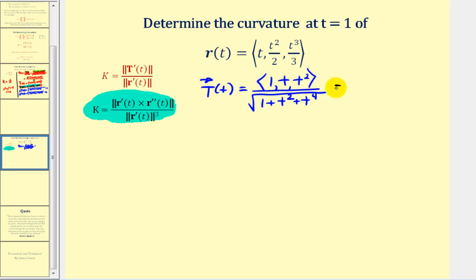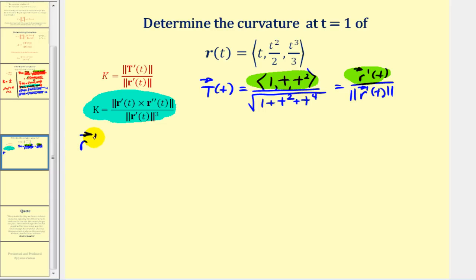So to help us out here, remember this was r prime of t divided by the magnitude of r prime of t. And the reason I mention that is we're going to need r prime of t crossed with r double prime of t. Let's go ahead and write that over here.